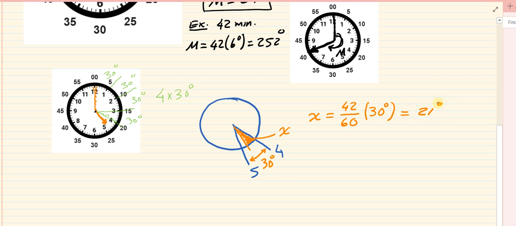Now, in general, if I take a look at the measure of the angle that the hour hand has traveled, I'm going to call that capital H. So in general, capital H is how far the hour hand has moved away from 12 o'clock.